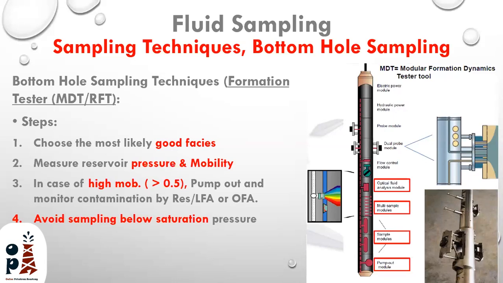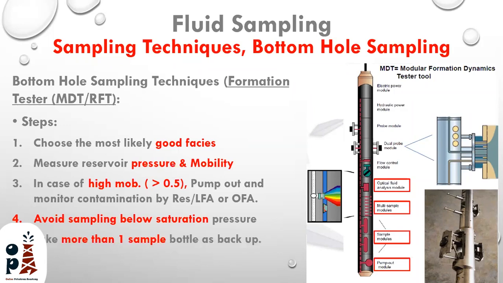If we have fluid representative of our reservoir, we can start the sampling process. But caution is needed: we should avoid sampling below the saturation pressure, because if we sample the reservoir fluids below the saturation pressure, we will have multi-phase flow in the tool. The multi-phase flow will lead to a sample that does not represent our reservoir.